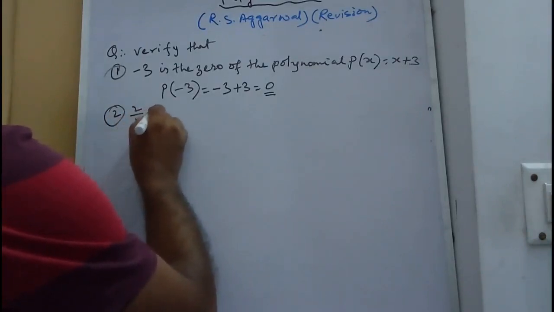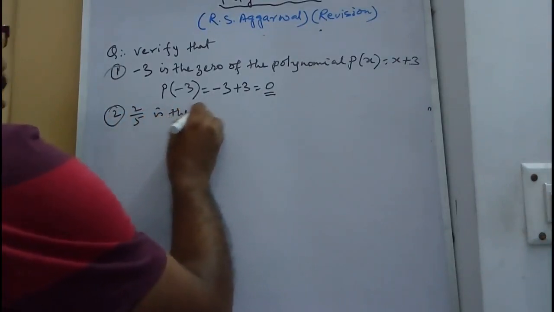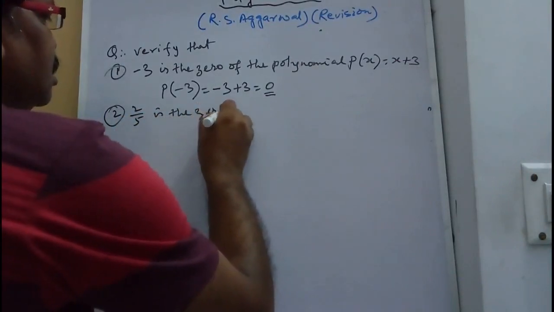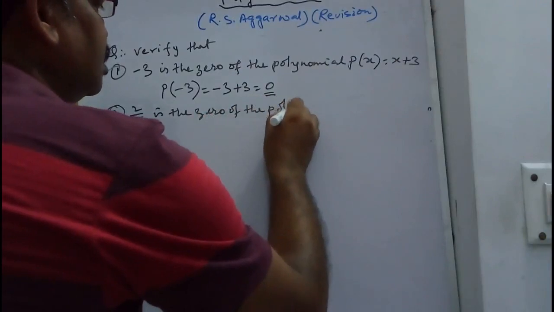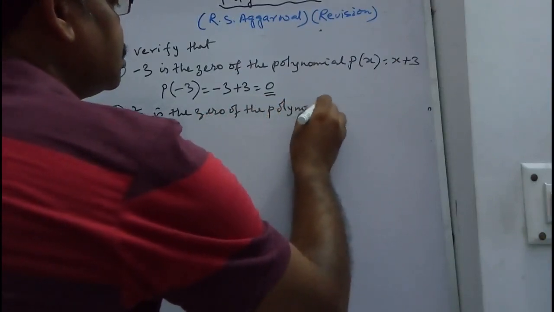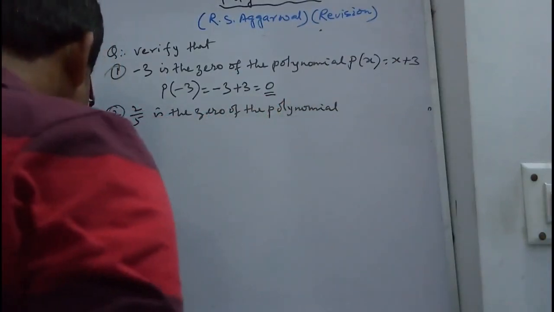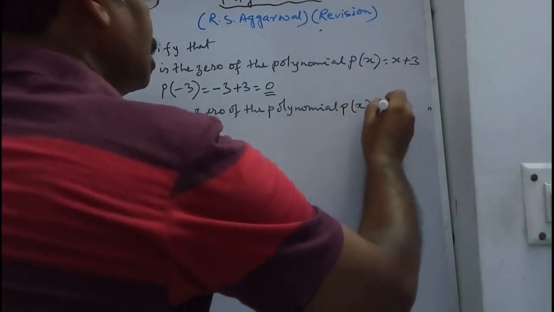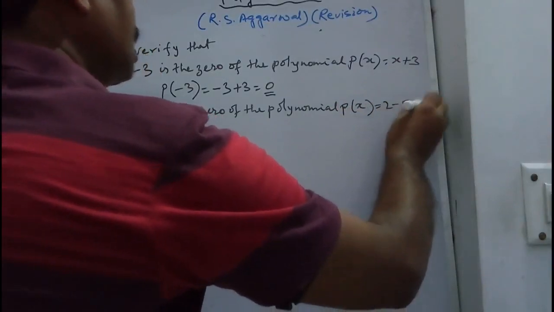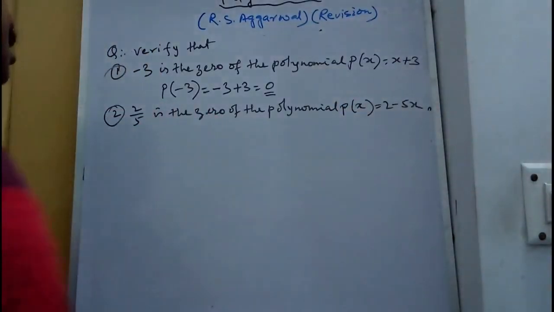2 by 5 is the 0 of the polynomial px equal to 2 minus 5x.